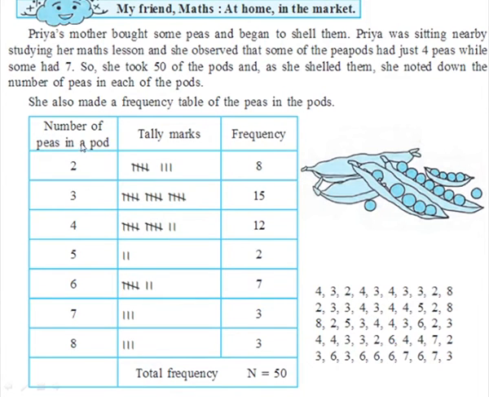Now she made 3 columns: number of peas in a pod, tally marks and frequency. Now what is the minimum number of peas in a pod? It is 2. And what is the maximum number of peas in the pod? It is 8. So she wrote 2 to 8 in the first column, that is number of peas in a pod: 2, 3, 4, 5, 6, 7 and 8.